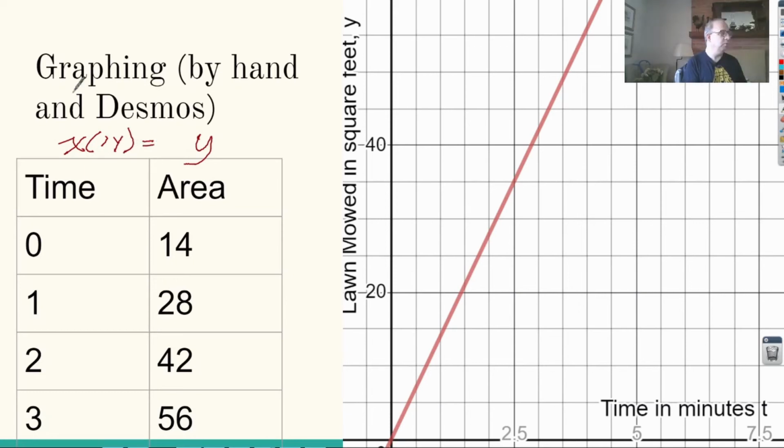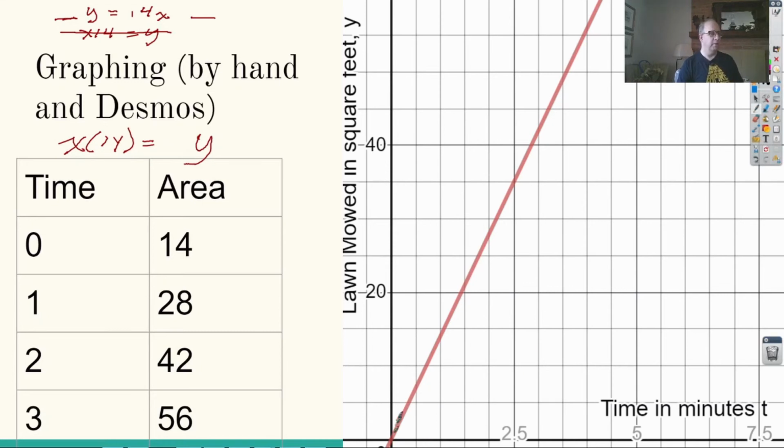I could write it that way, but they usually write it as y equals 14x. This is the standard form that people expect to see. It works for sure, and it would give me this graph, this straight line. This stuff here I wrote in extra, and I had to adjust it to make it look pretty, but that's all.